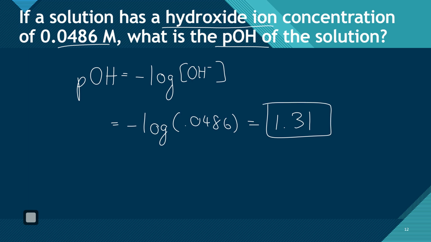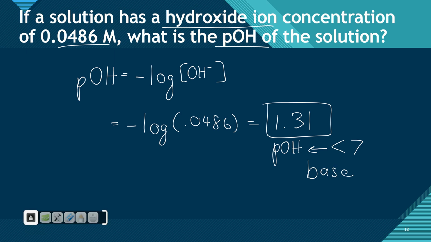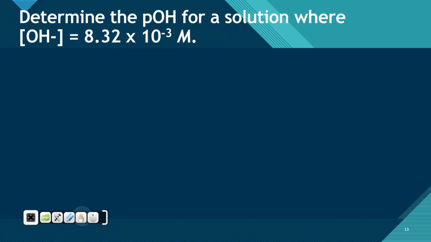Now, this is where you can get a little confused, and you got to be careful. This is pOH. When you're less than 7 on the pOH scale, that is base. It's the opposite of the acid scale. One more. What is the pOH of this?